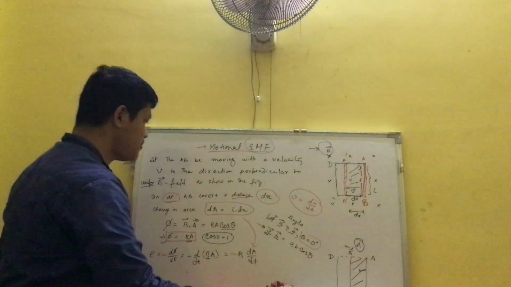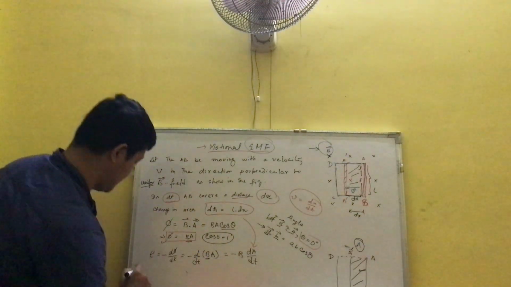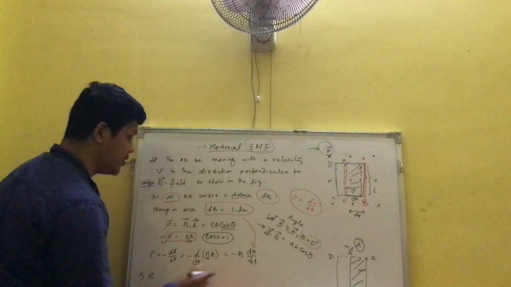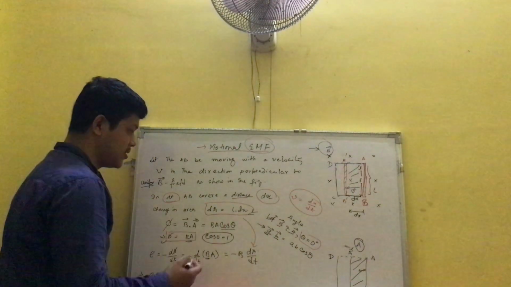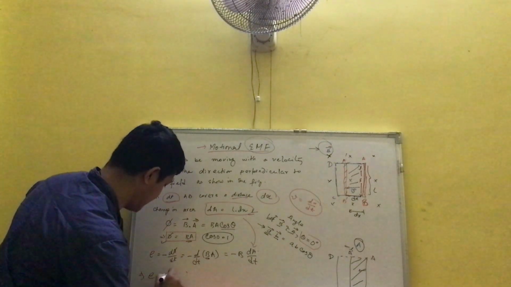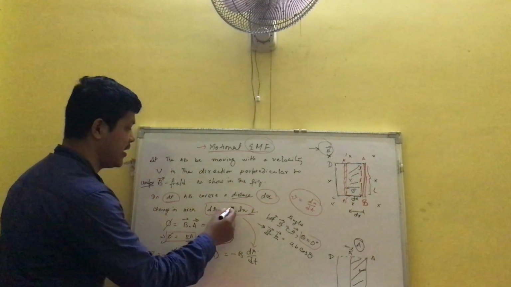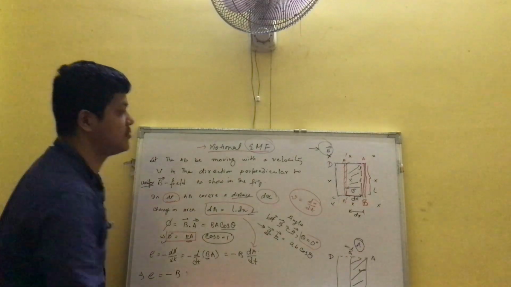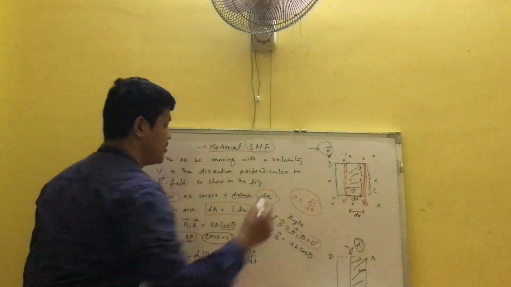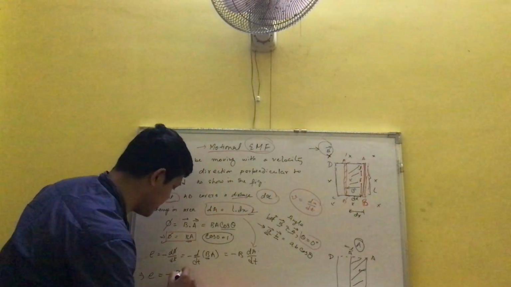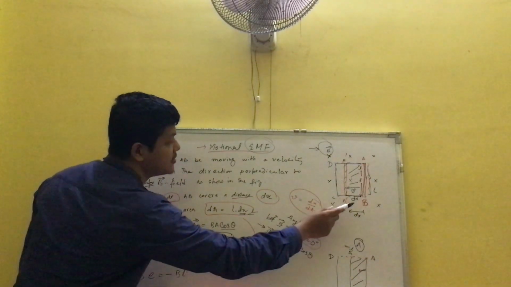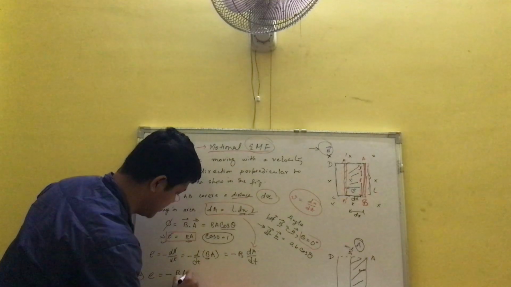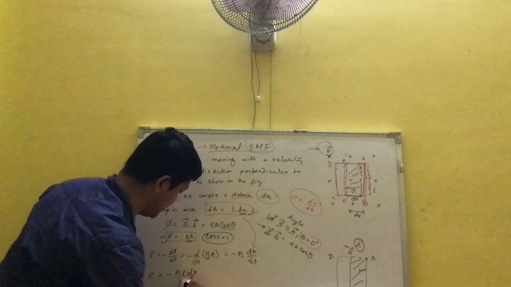Now, if you replace this dA by this value, then what you will get? Minus B. L is the length of the rod, which is fixed, so you can write it here. Then the only variable is dx, so dx by dt.